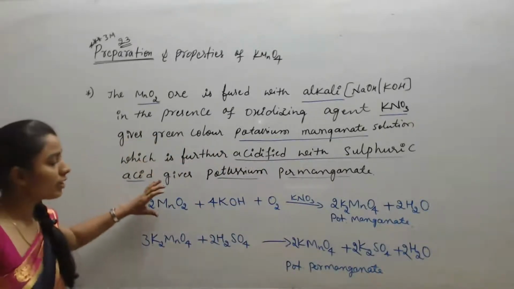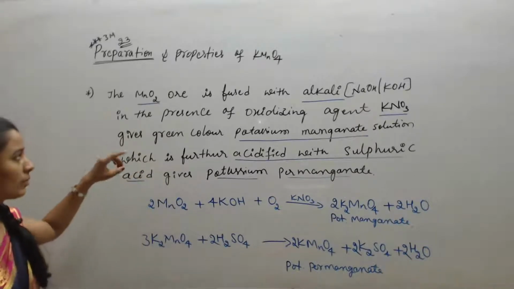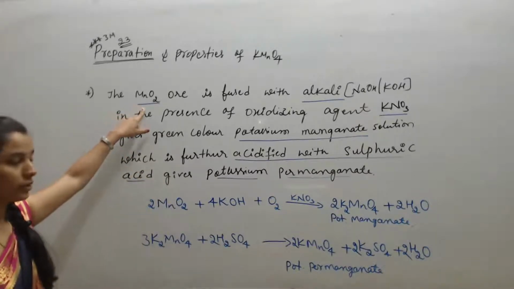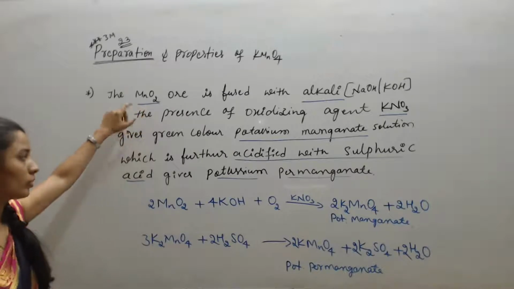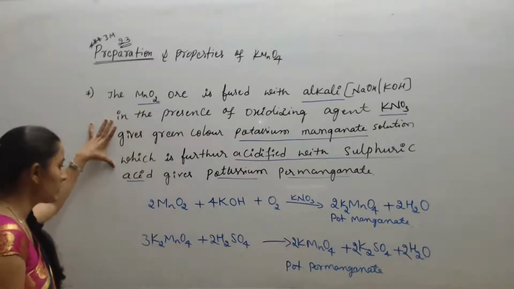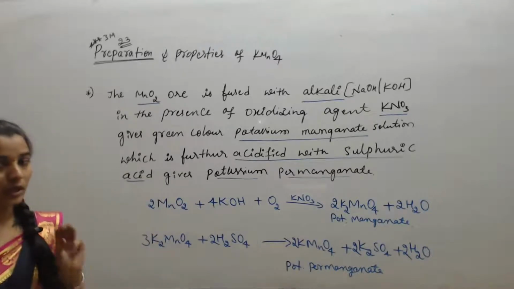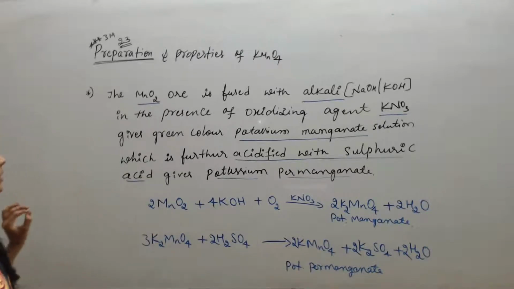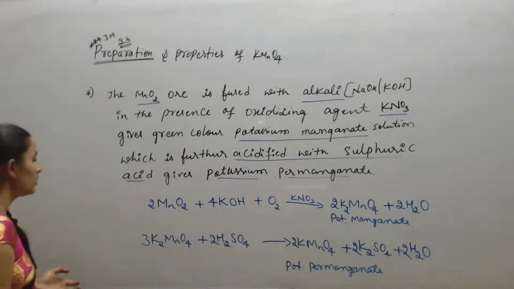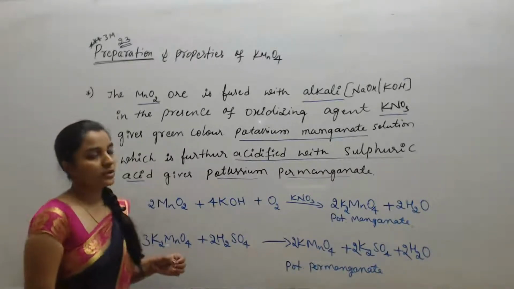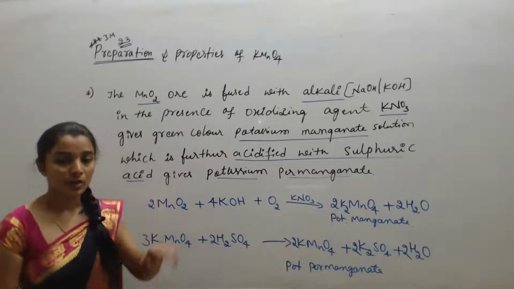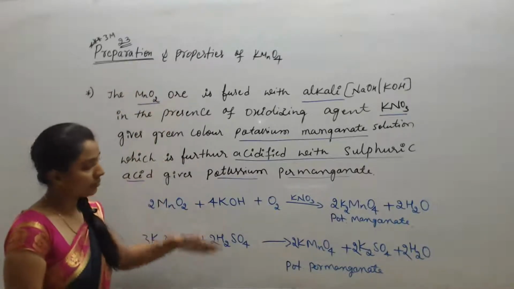So this is the preparation of potassium permanganate using MnO2. You have to write this explanation and these two reactions in a balanced manner, and you will get 3 marks. This is a very important preparation. If the question asks to explain the preparation of KMnO4 for 3 marks, question number 23, you have to write this.